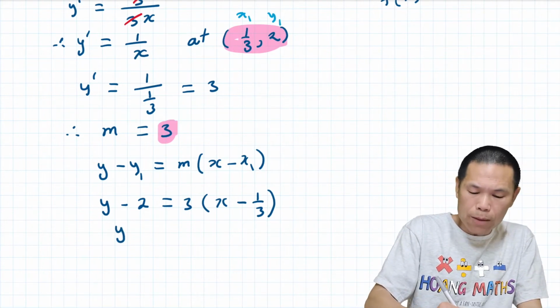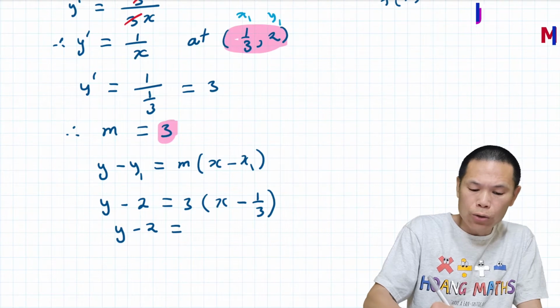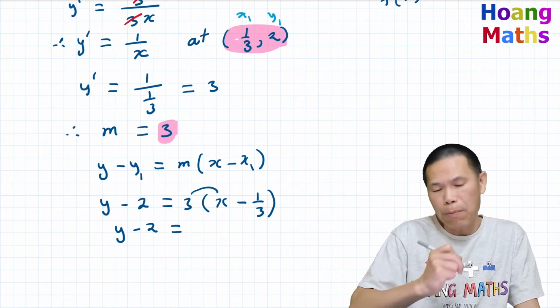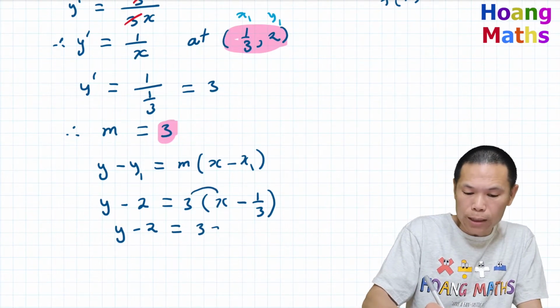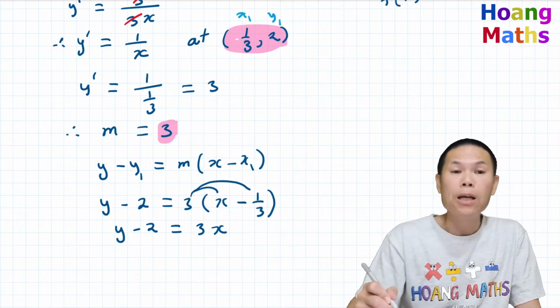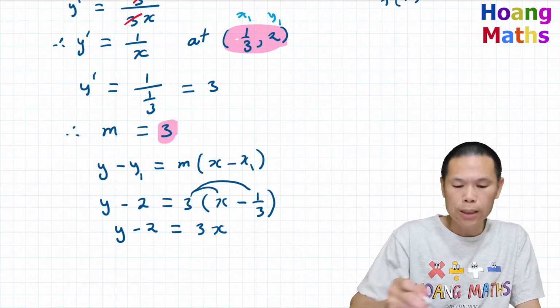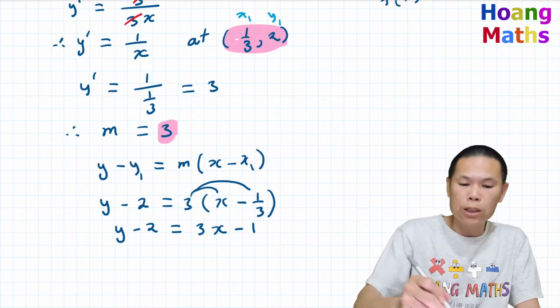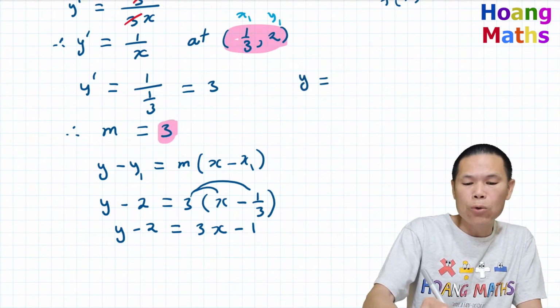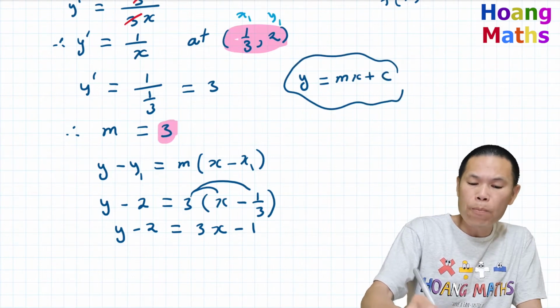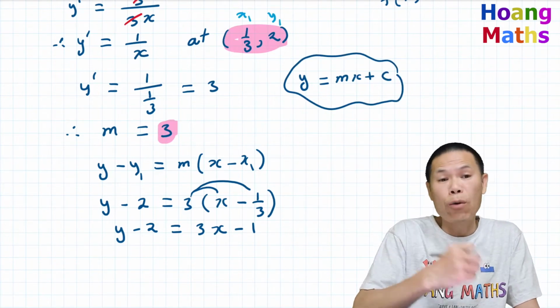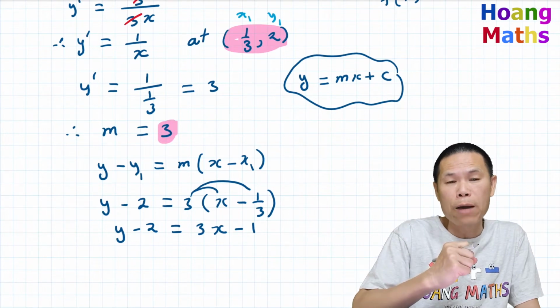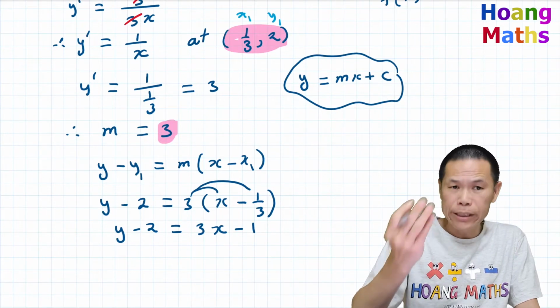Now I expand the brackets and simplify. y minus 2 is equal to, multiplying together, 3 times x is 3x, and 3 times negative a third is negative 1. Now I write it in the form y equals mx plus c. Or you can make it into general form, ax plus by plus c equals 0, and that is still correct.